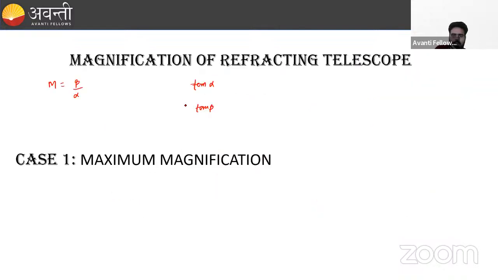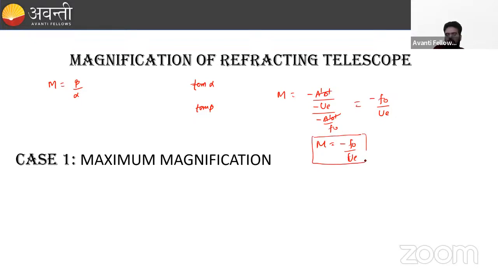If we put this value here, the magnification becomes minus A dash B dash upon ue, divided by minus A dash B dash upon f naught. In this manner, we can say our magnification will become fo upon ue. This is the general expression of the magnification. And what is the meaning of the negative sign here? That the final image is inverted.